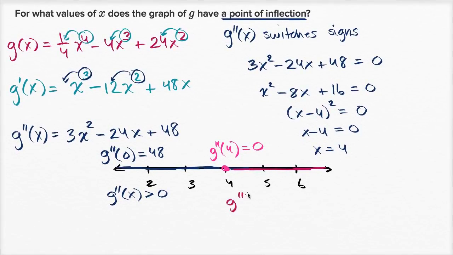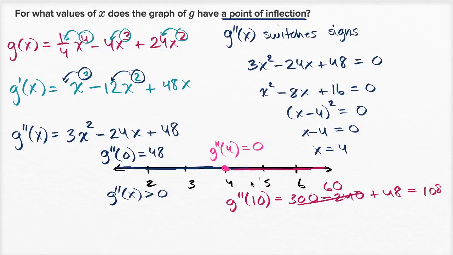So g prime prime of 10 is going to be equal to 3 times 10 squared, so it's 300, minus 24 times 10, so minus 240, plus 48. So 300 minus 240 is 60, plus 48. So this is equal to 108. So it's still positive. So on either side of 4, g prime prime of x is greater than 0.